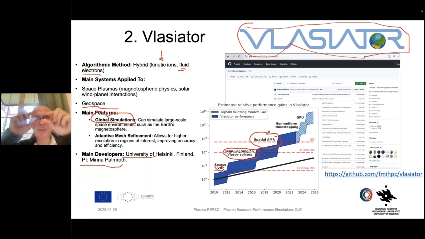So you want to have very small cells in that area. And then you might want to have a coarse grid where there is not much change in the dynamics of the plasma. So you want to mix very small grid cells with larger ones, depending on the physics of your system. So this is a true major advancement in general for all space simulation.